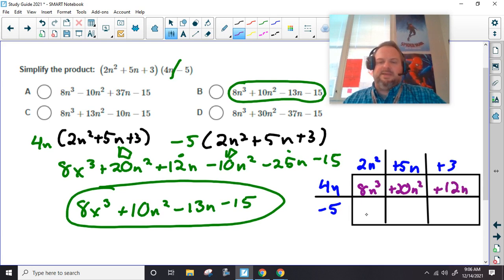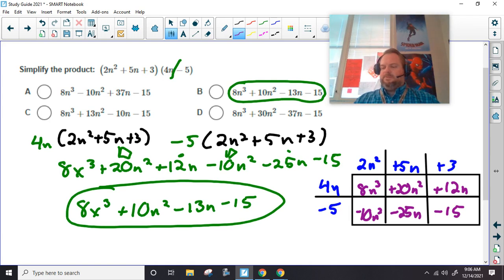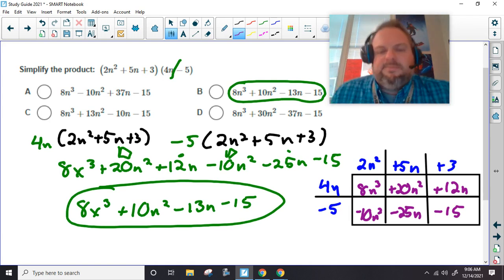So you get the same thing, but this is the other method. You could do either one.